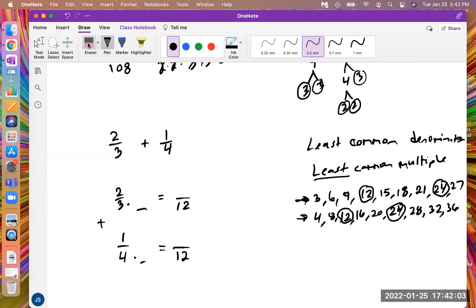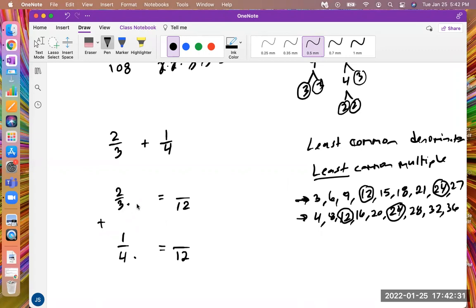So anyways, we did all of that work just to find a common denominator here. And there's a much simpler and easier way to find least common multiples and least common denominator. But for this moment, we'll rely on just listing the multiples and finding the smallest.